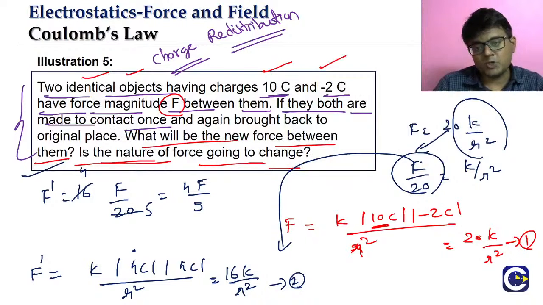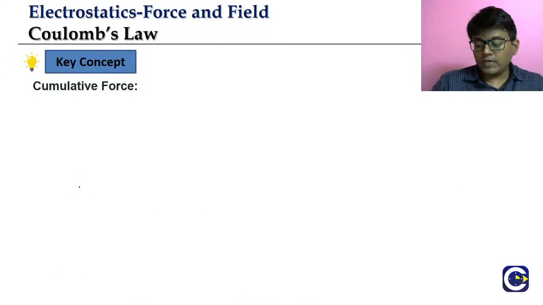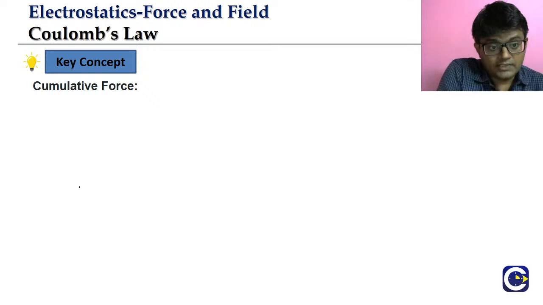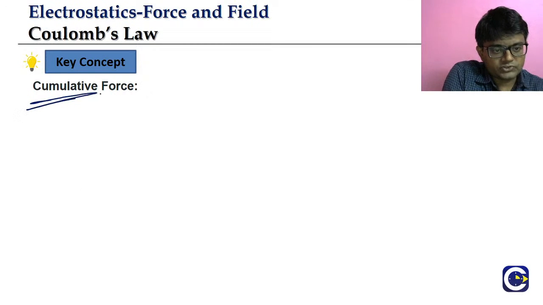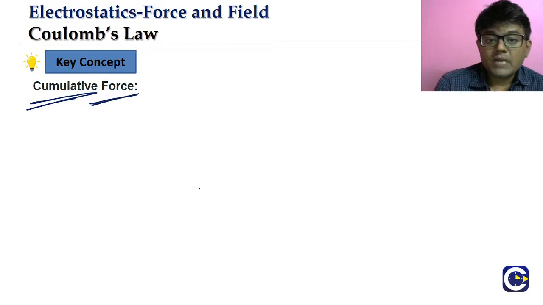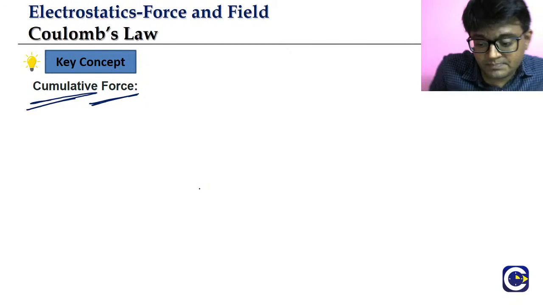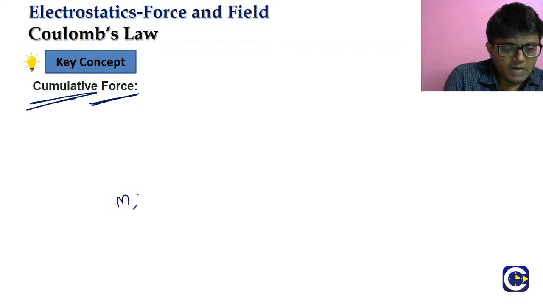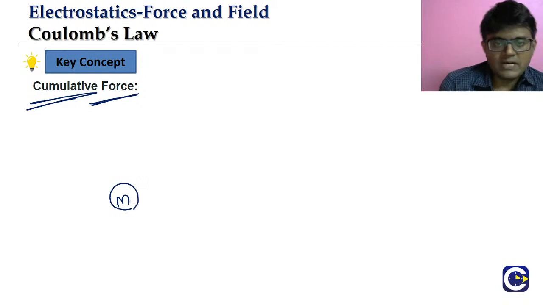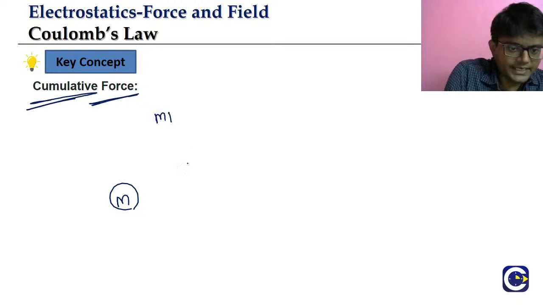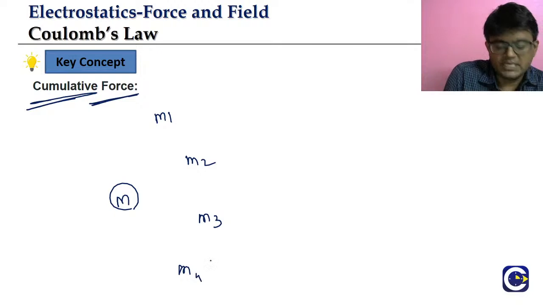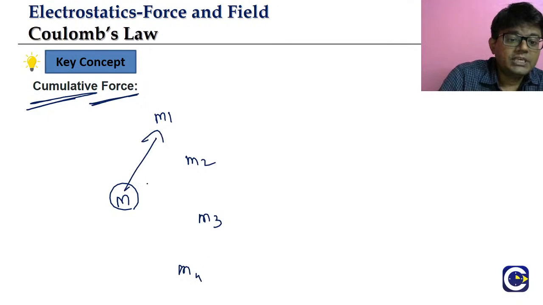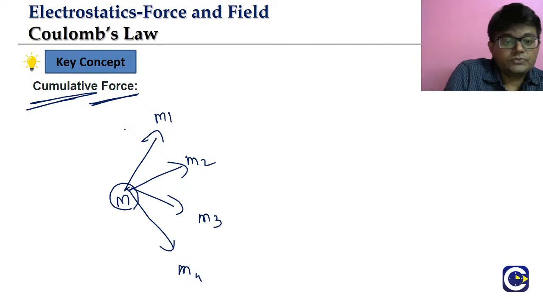This is how we are going to approach these problems. Now we will go to the next concept, which is an important one: cumulative force. We have already seen this concept in gravitation. If you have a mass m, surrounded by multiple objects m1, m2, m3, m4, like that, each of them will exert a force.